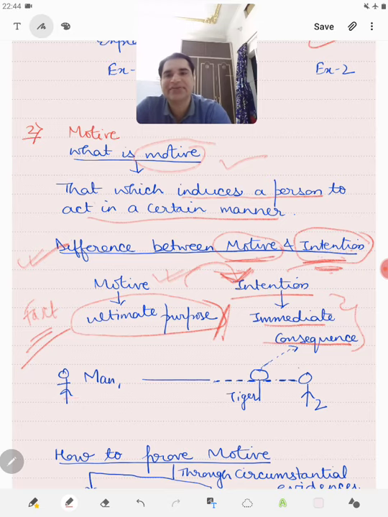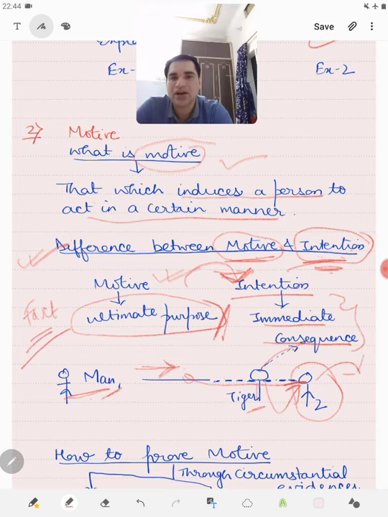For example, there is a person and he sees a tiger who is going to attack another person. Now, what he does is that he fires, and because of his shooting, the tiger runs away, and the bullet actually causes injury to the second person and he dies. Now, in this case, the motive or the ultimate purpose of this person is to save the life of the injured from the tiger.